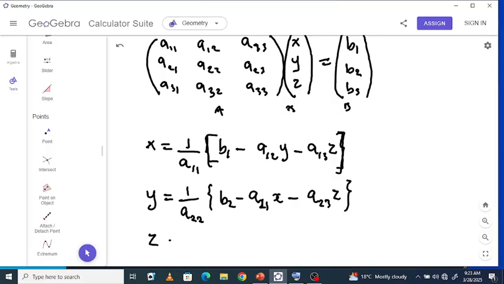And then in the last equation, I'm making z the subject. We're going to have z equals 1 over a33 into b3 minus a31 x minus a32 y.